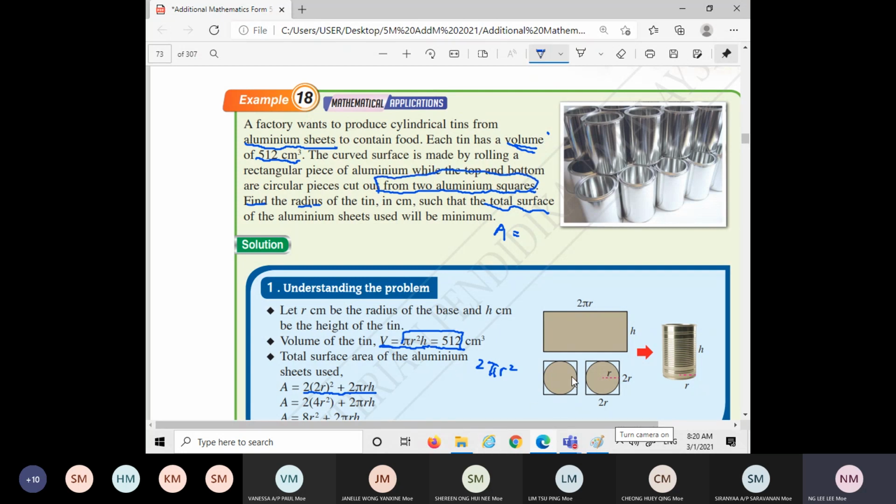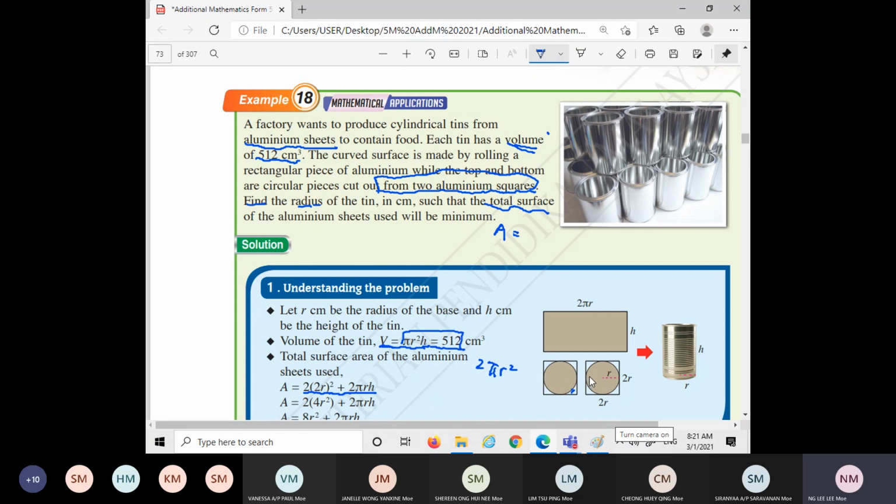Means the balance here, this portion, when you cut out the circle already, the four corners here are going to be thrown away. So it is considered inside your cost already. Okay, therefore, if this is the R, the radius of the circle of the bottom and the top, then from here to here will be 2R, which is a diameter, but we don't want to label it D. We don't want to have so many variables.